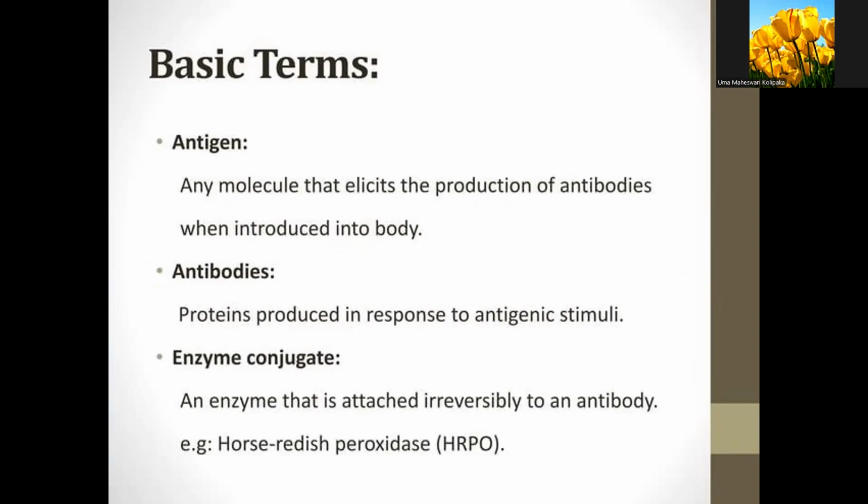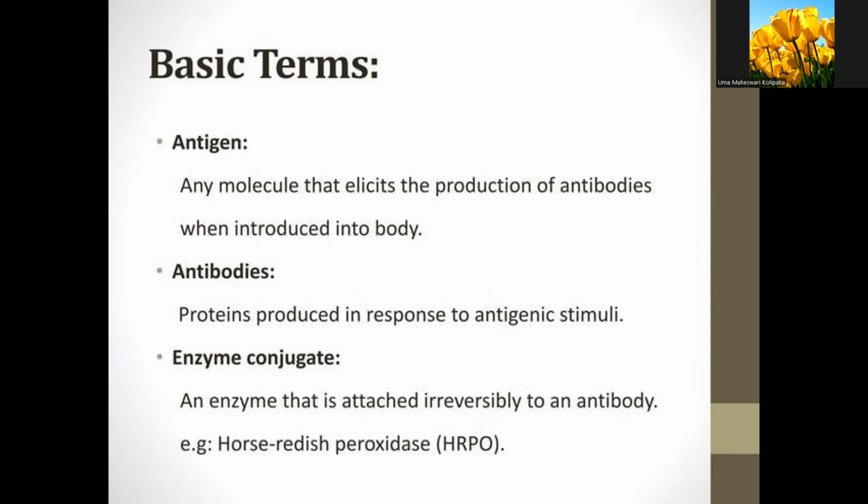Antigen is a foreign particle which is coming from the outside into our body. And antibody, in response to the presence of antigen, is a protein which is synthesized by our immune system to defend, to fight against the antigen.